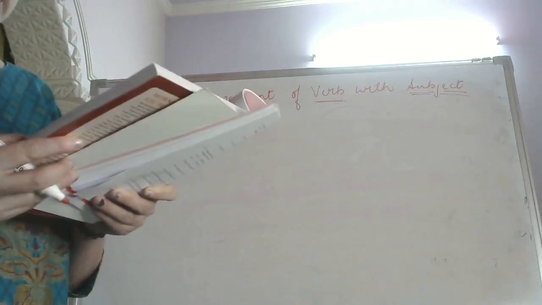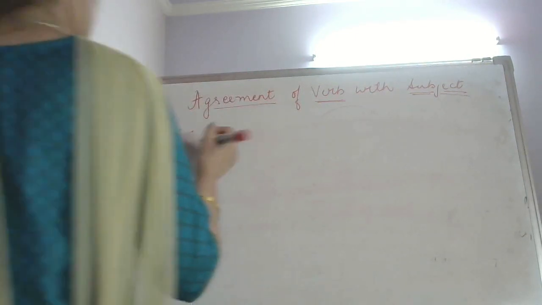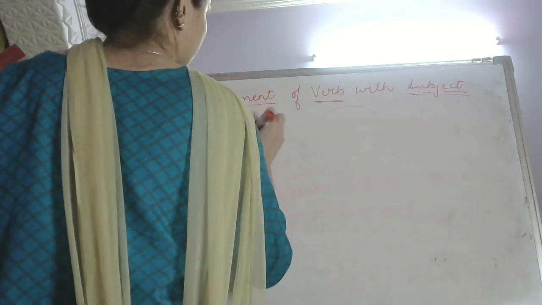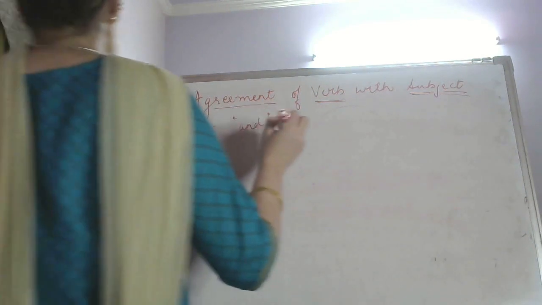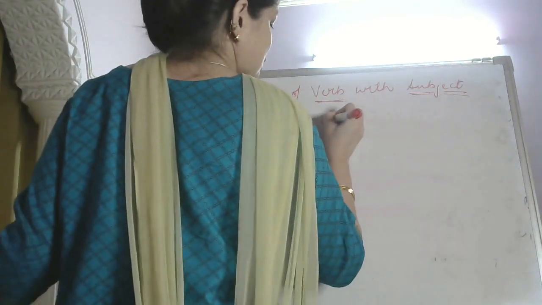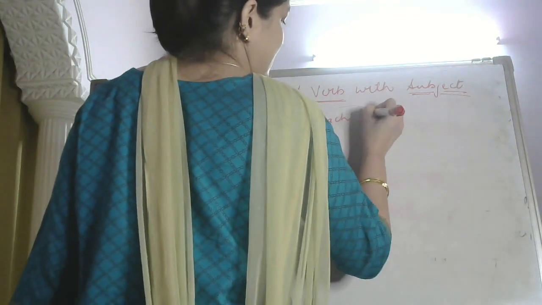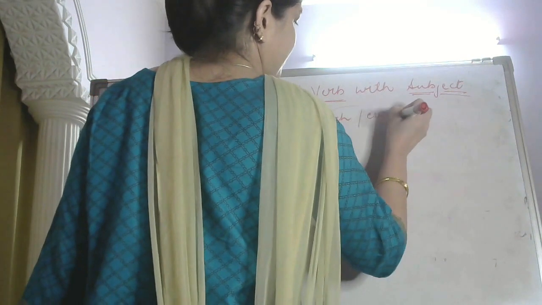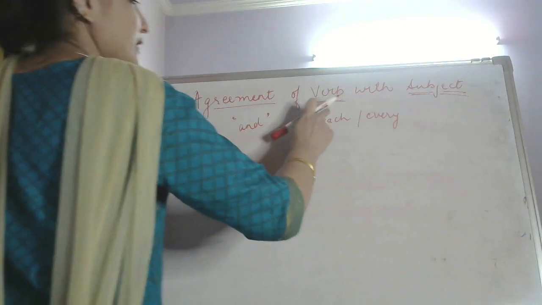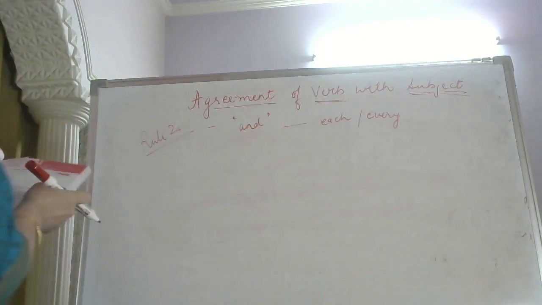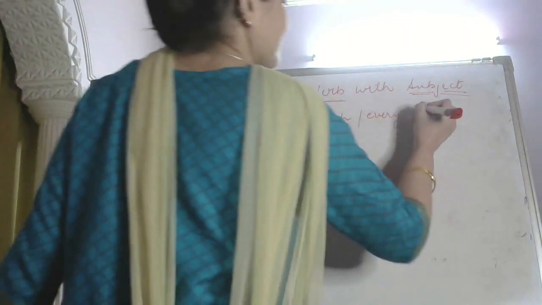If two singular nouns are joined by and, and are preceded by each and every, preceded means if each and every is used before these nouns, then the verb is singular.